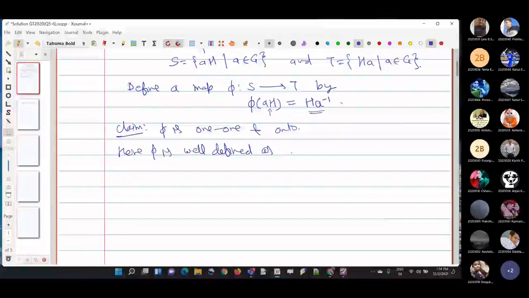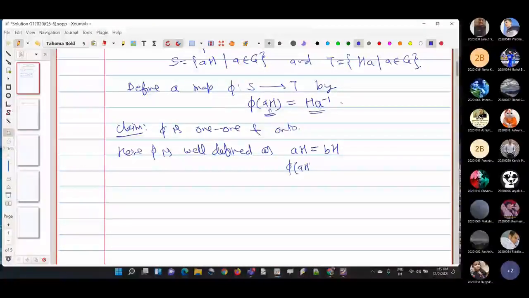How do we prove that a function is well defined? It means that if you are taking any two elements which are the same, their images also are going to be the same. So it means aH equals bH.